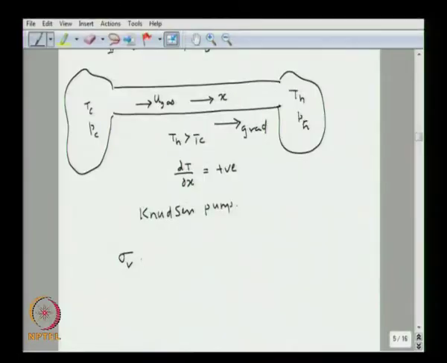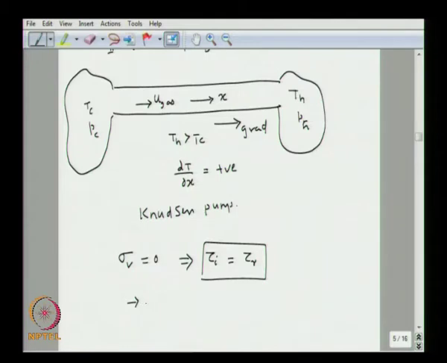If sigma v goes to 0, what that means is that the tangential momentum of the incoming molecules is equal to the tangential momentum of the reflected molecules. In other words, the molecules do not impart any momentum to the wall.